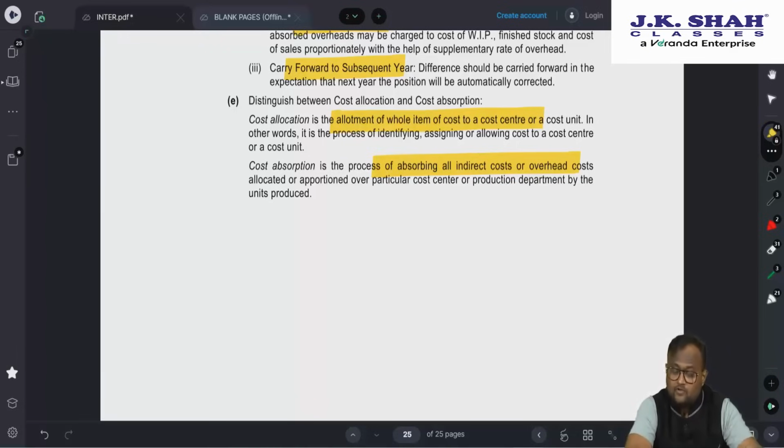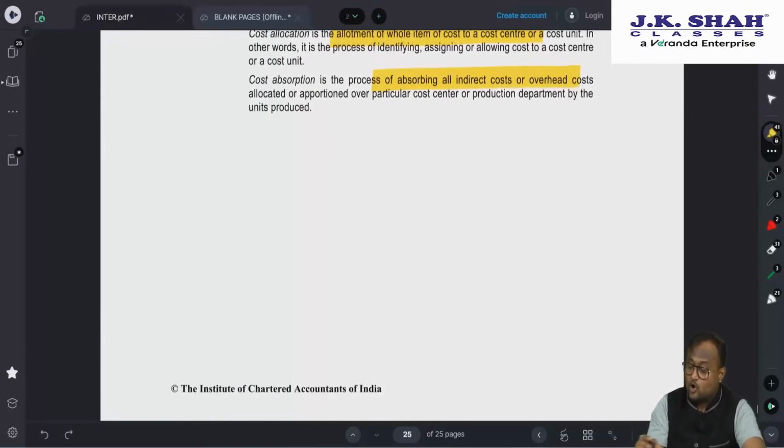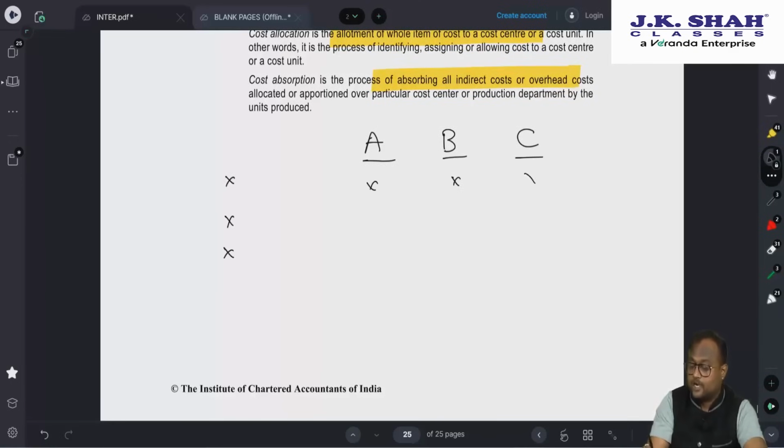Absorption means converting all per annum cost into per unit cost. So, absorbing all indirect costs and overhead costs allocated or apportioned over a particular cost center by the units produced. When you have a common cost and you allocate that common cost to various departments, that is allocation.